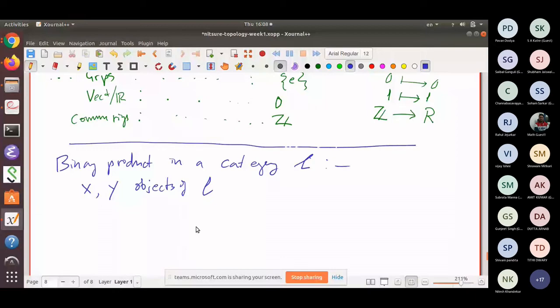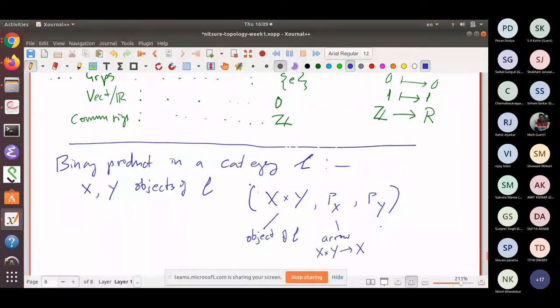What we are looking for is a triple: X cross Y, Px, and Py. That's a binary product. X cross Y is an object, Px is an arrow from X cross Y to X, and Py is an arrow from X cross Y to Y.